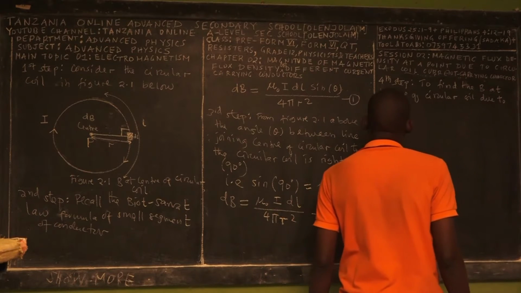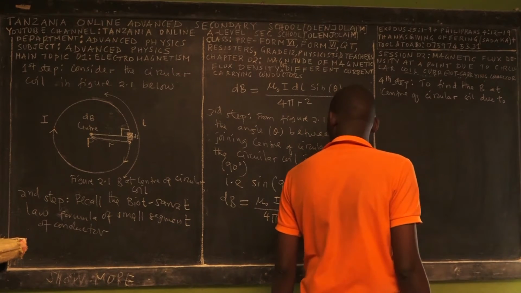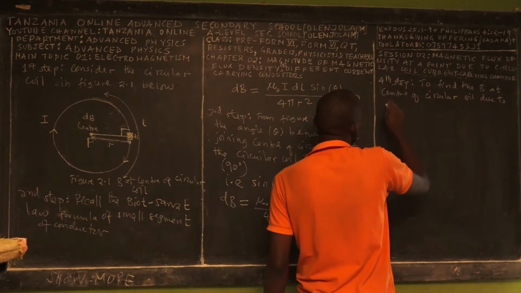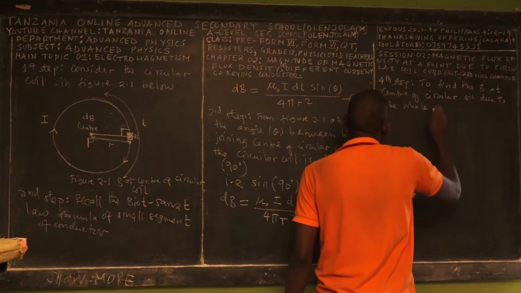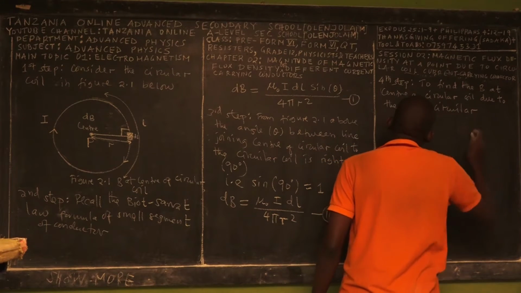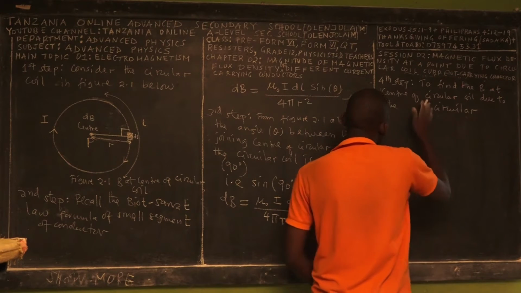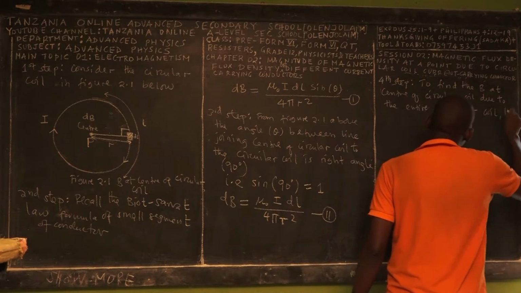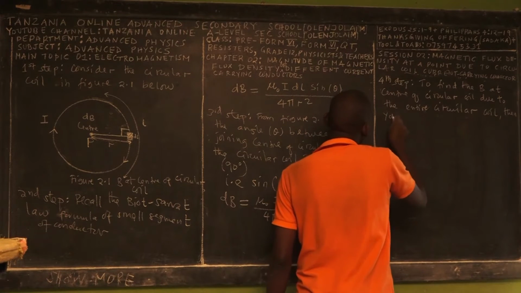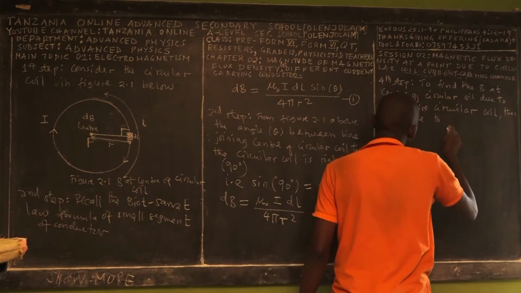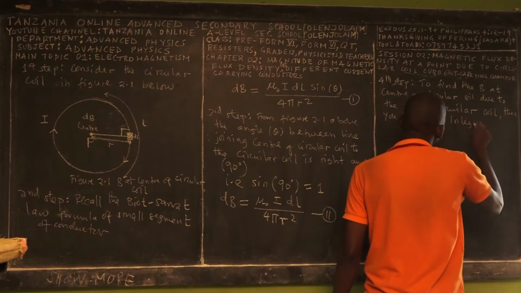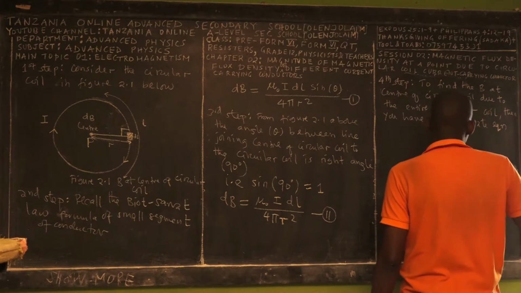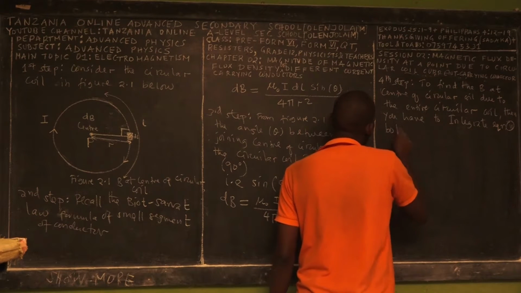To find the magnetic flux density at the center of the circular coil due to the entire circular coil, you have to integrate the equation on both sides.